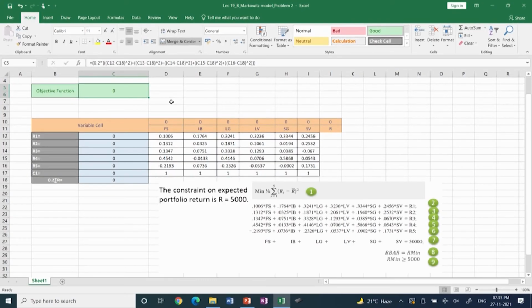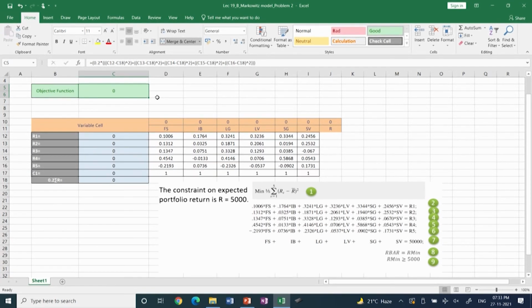Now, I will explain the Excel model of this problem. In C5, we have to minimize the variance, that is 1 upon 5, written as 0.2 times R1 minus R bar whole square, plus R2 minus R bar whole square, and so on.